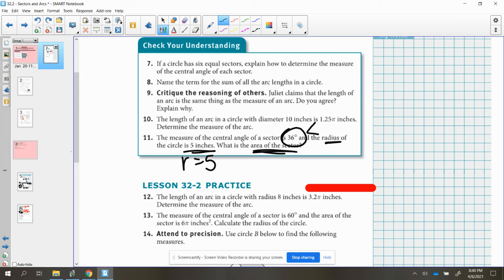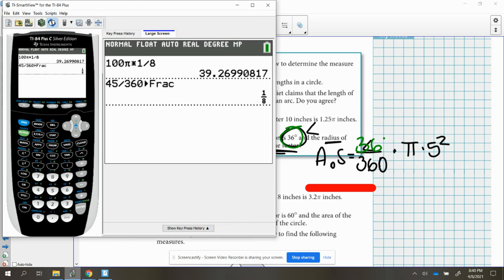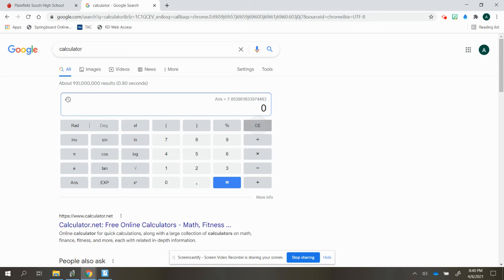Okay, so let's start by finding the area of this sector. A reminder that is angle measure divided by 360 times pi times your radius squared, right? In this case, our radius is 5, and we said that this angle measure is 36 degrees. So we're going to use Google's calculator.